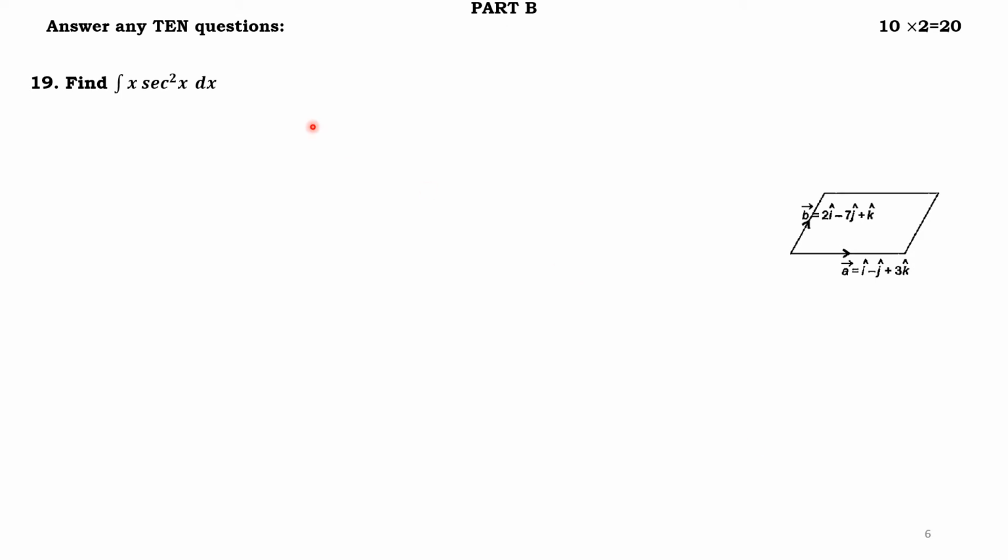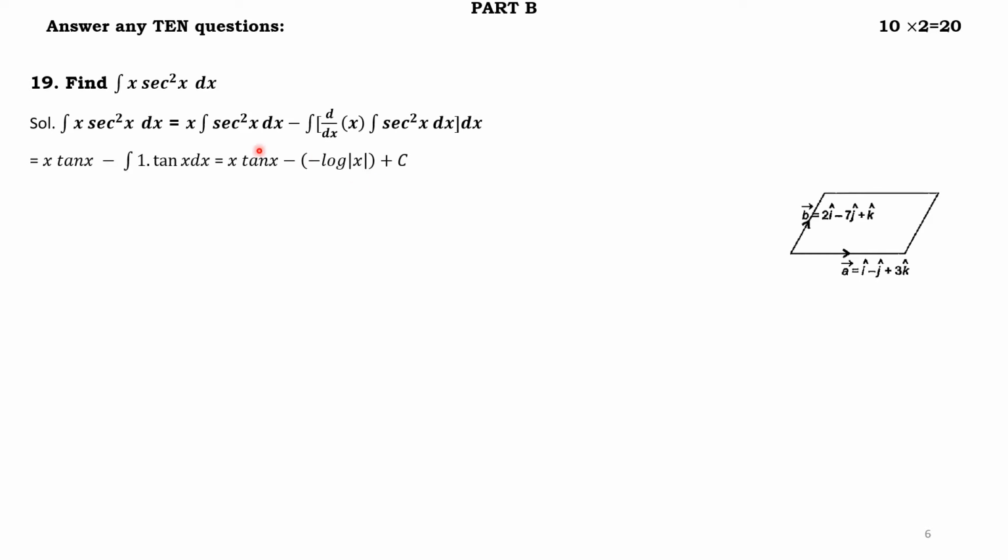Question number 19. Find integral of x secant squared x dx. Solving, the given integral becomes x into integral of secant squared x dx minus integral of d by dx of x into integral of secant squared x dx. This is the standard integral formula.